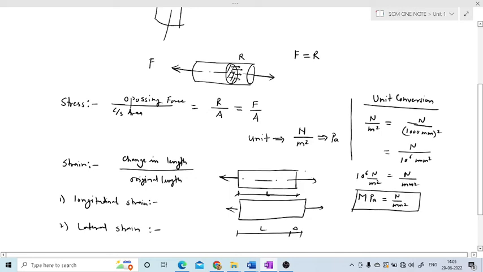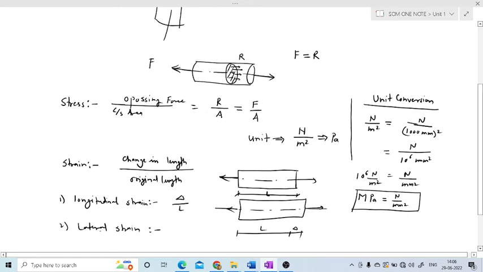Now the strain in this material is change in length divided by original length. When we consider it along the axis, that strain is the longitudinal strain. And if I consider the strain along the cross section, then that is called the lateral strain. So we can write longitudinal strain as change in length upon original length, so delta by L is the longitudinal strain.